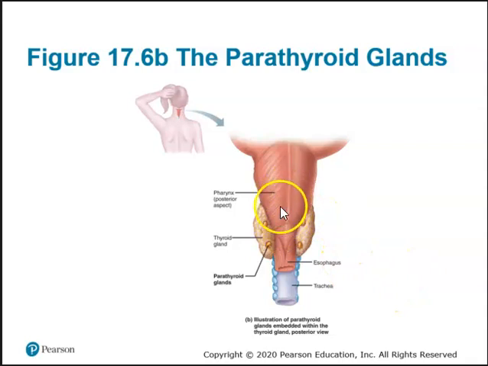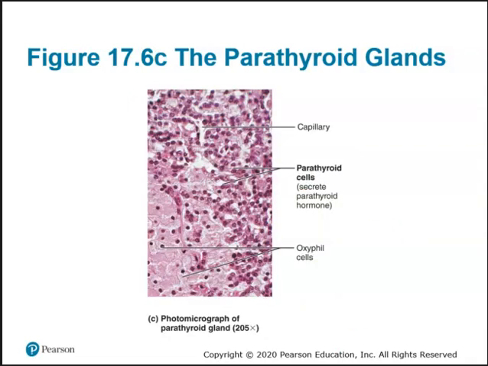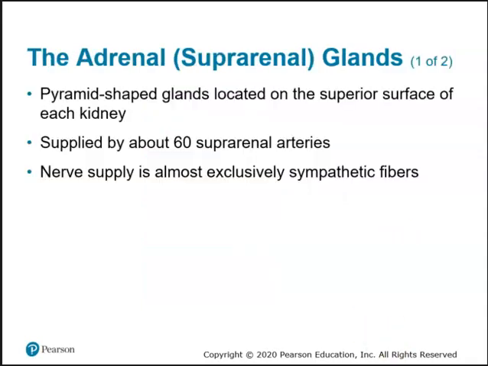So here is part of the pharynx, and here is the tube known as the esophagus. And just a histo slide showing the parathyroid cells that secrete parathyroid hormone. So these are the cells here. They secrete parathyroid hormone, again important for monitoring calcium levels, and will increase calcium in the presence of decreased levels.